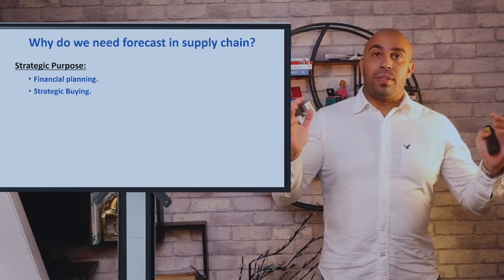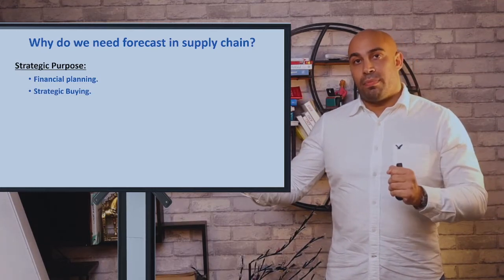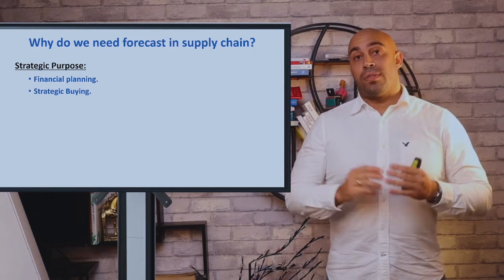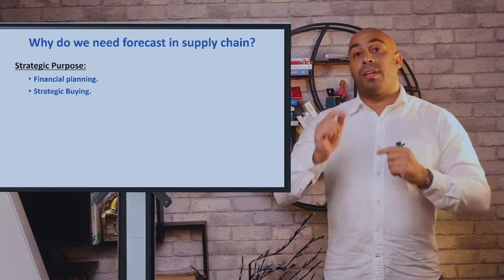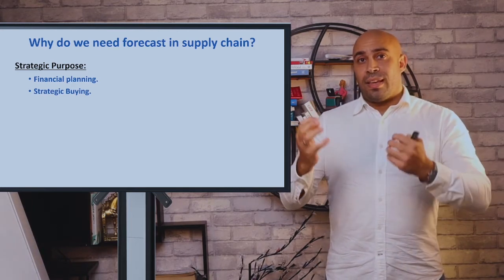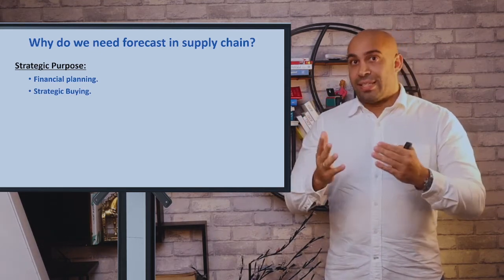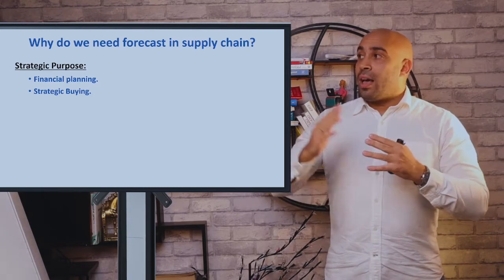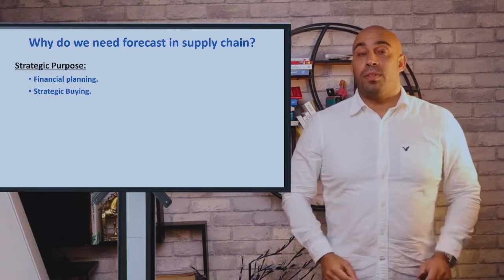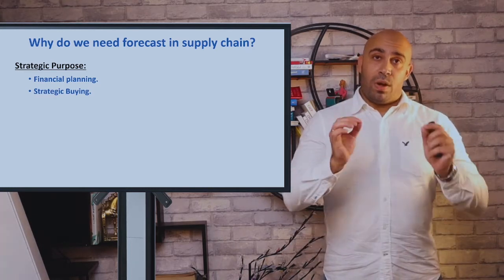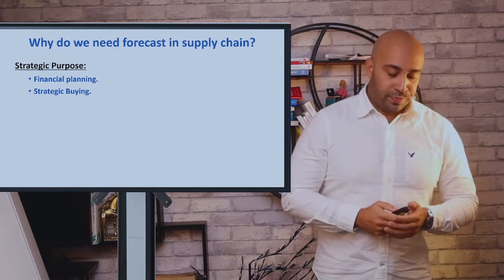Because if we don't close the contract or the volumes right now with the supplier, we will have an extra cost in the future, because the price of the commodity or materials will fluctuate. So I close the deals instantaneously for a specific period. Without forecasting, I will not have visibility of the future and will not know the volumes of these strategical materials. So strategical buying is one of the forecasting techniques we need to focus on.